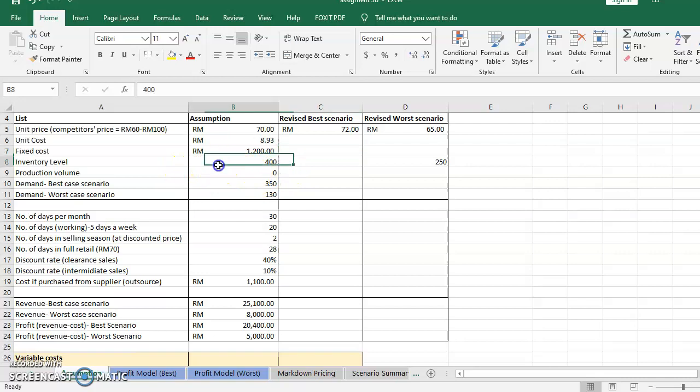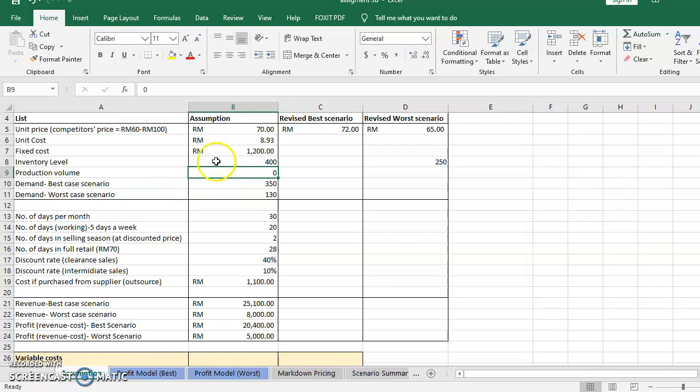So this is my inventory level, which I bought from the supplier. It has 400 units, and my production volume is 0 because I do not produce any product. I only outsource the product from the supplier.